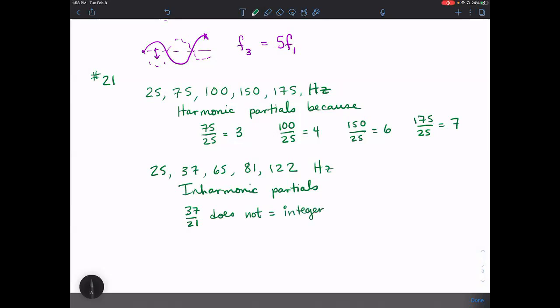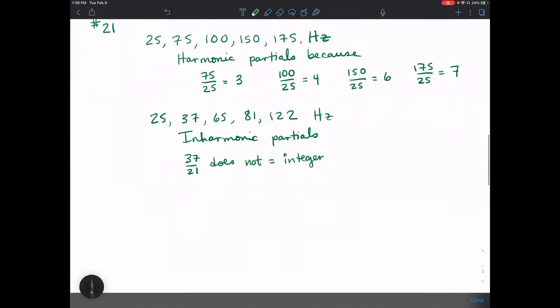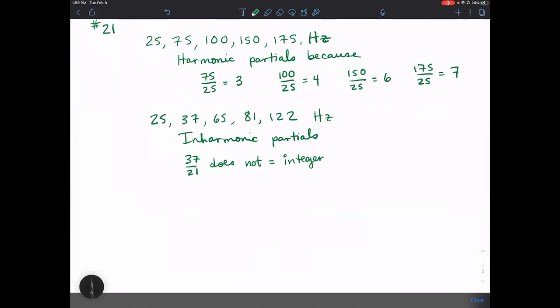Anything with a decimal place is an inharmonic partial. So that would be a list of inharmonic partials. Now, if you have some frequencies that are multiples and some that are not, then you would say that there are some harmonic, the 75 and the 100, and some inharmonic.